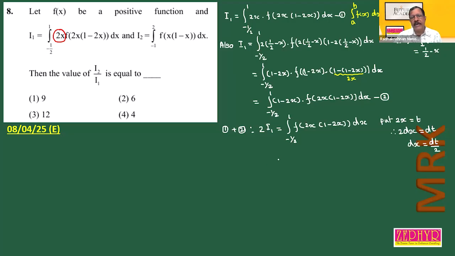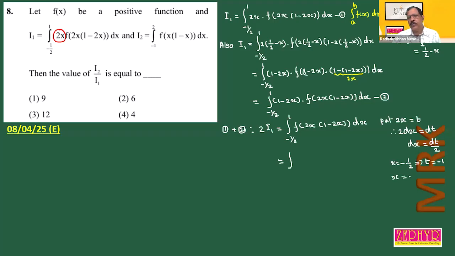So our definite integral is now, whatever the limit, definite integral, when x is equal to minus 1 by 2, 2 into minus 1 by 2, lower limit. X is equal to minus 1 by 2 implies t equal to minus 1.